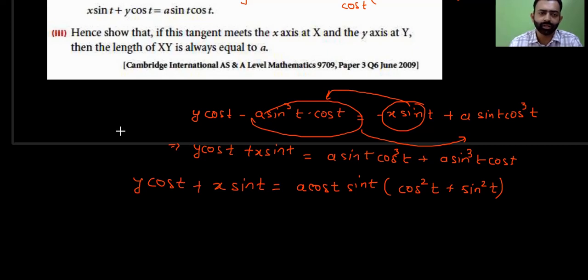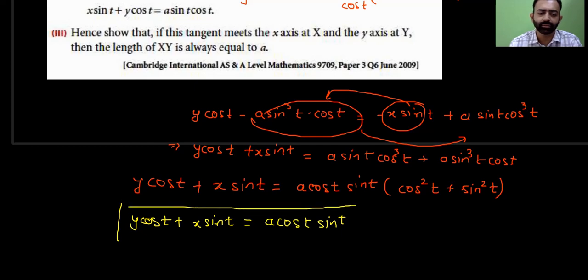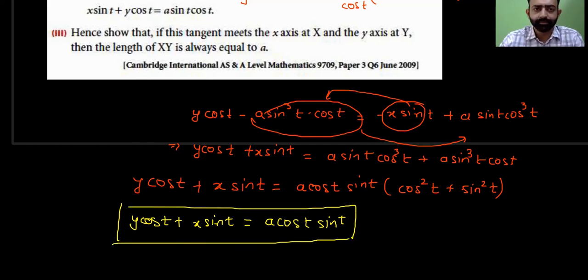So your final equation is y cos t plus x sine t is equal to a cos t sine t. Equation of the tangent at general point t. Okay, hence proved.